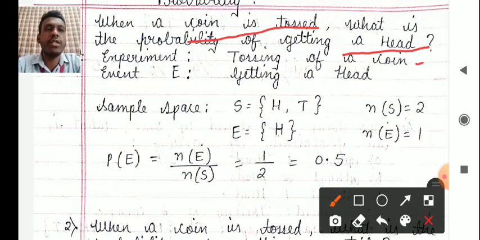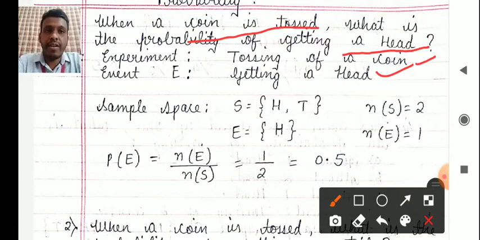Experiment is tossing of the coin. What is the event that we are interested in? We are interested in getting a head, right? That is the event. See, the experiment is what you are doing, and what you are interested in finding is your event. Okay, so the event is getting a head.